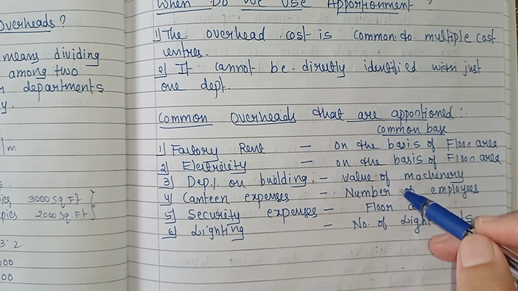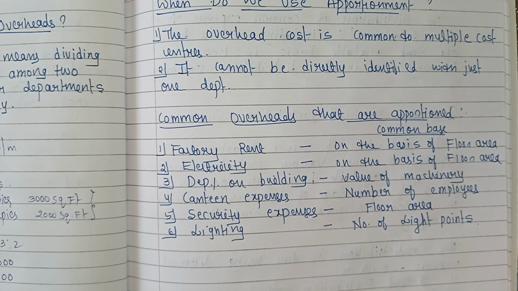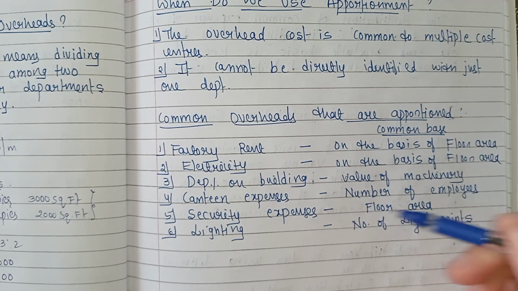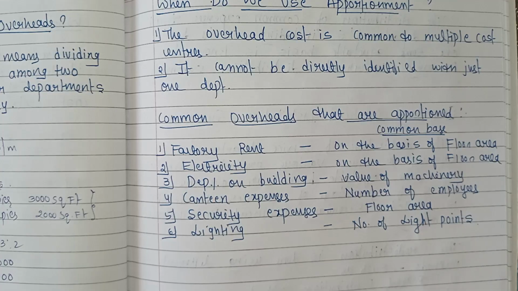Third one is depreciation on building. For that we need to take value of machinery. Canteen expenses are on the basis of number of employees using the canteen. Next, security expenses, that is also floor area, right? If there are more departments, we need more security. And lighting, number of light points.